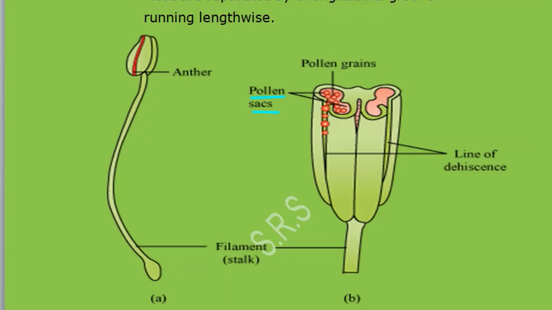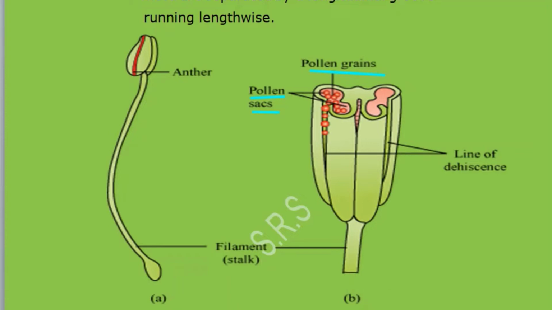These chambers are known as pollen sacs. And each pollen sac stores pollen grains. So these two terms are related to each other. The chamber-like structure which stores pollen grains is known as a pollen sac, and pollen grains are present in the pollen sac.